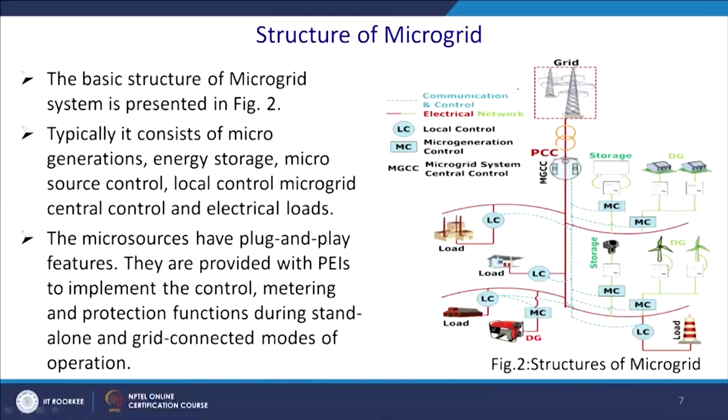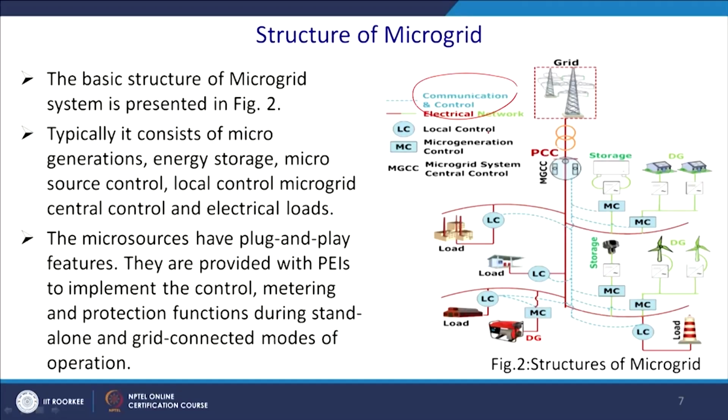Now, let us come to the structure of the microgrid. You have communication control, which is the blue dotted line, and the red and green lines are the electric network, and LC is a local control.